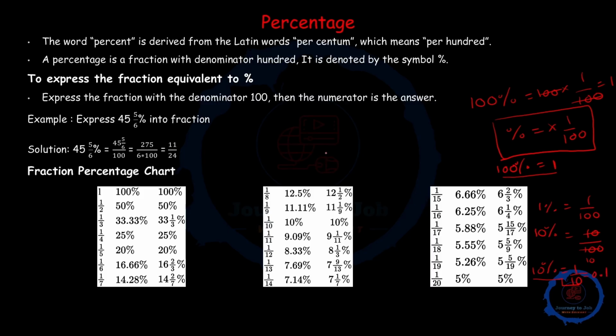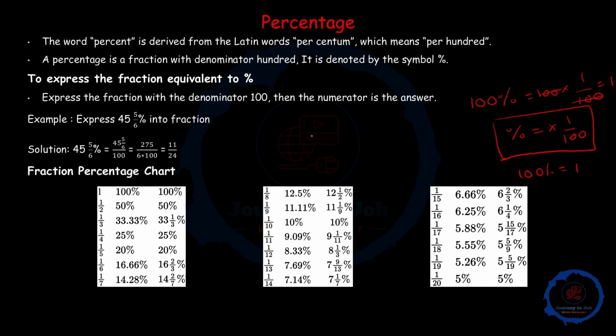Like that, for any percentage the denominator is 100. For 10 percentage, the numerator is 10 in this case. So 10 percentage is 10 into 1 by 100, which means 10 by 100, equal to 1 by 10.